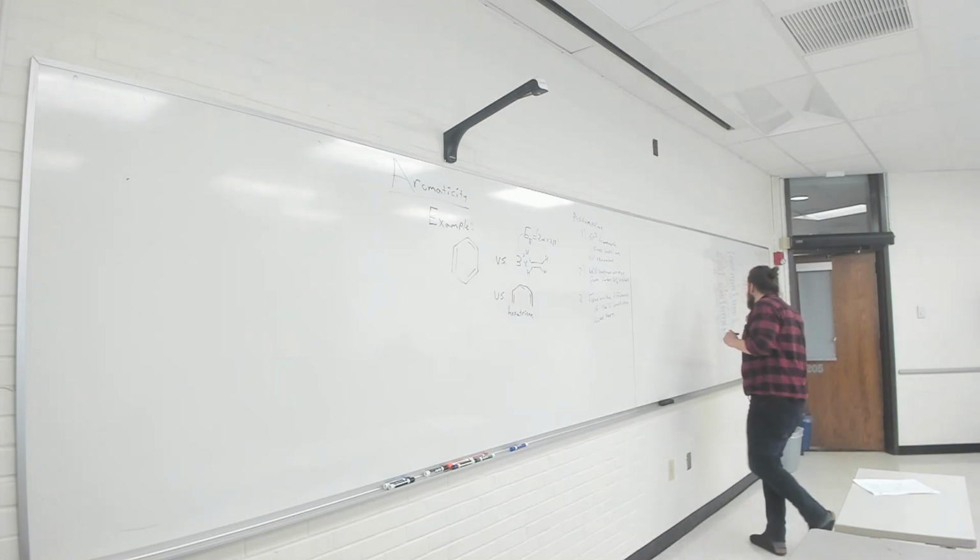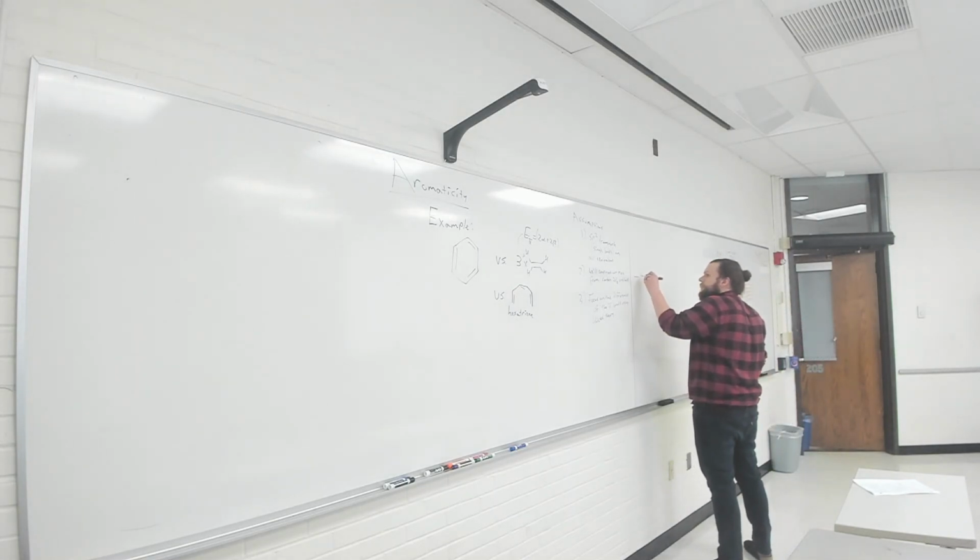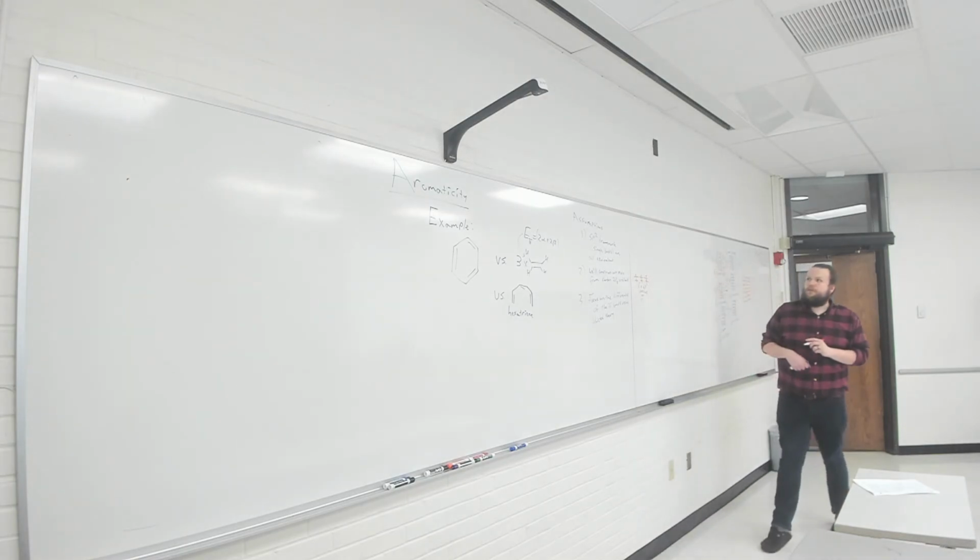So we start with 6 2p orbitals on carbons. Each one has 1 electron in them. And we form 6 new molecular orbitals.